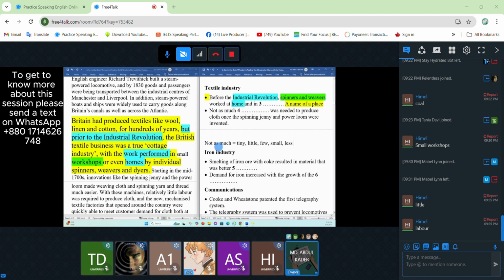Okay. Not as much dash was needed to produce clothes. Look at this, this is not cloth, it is clothes. So this is our first keyword, right?